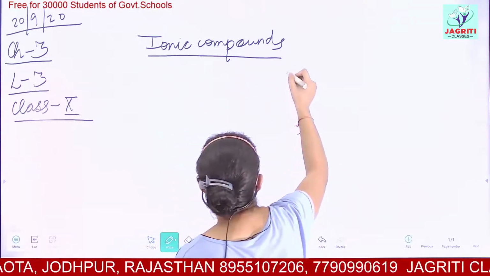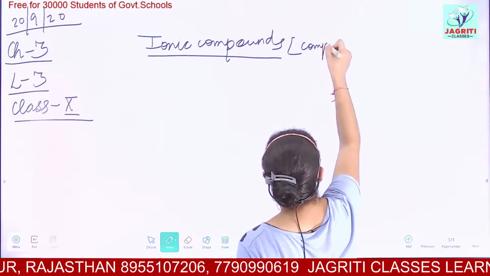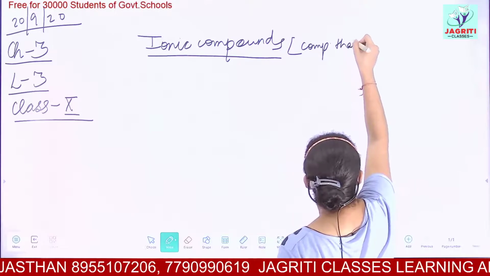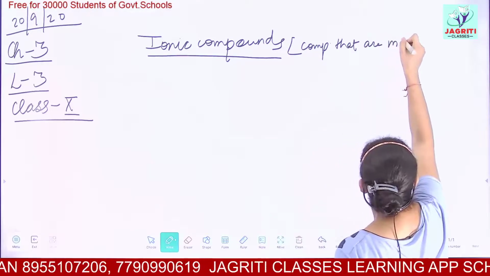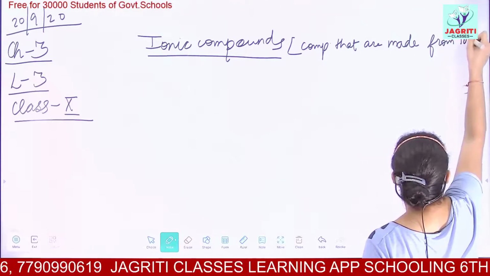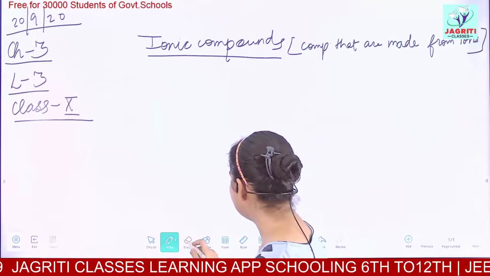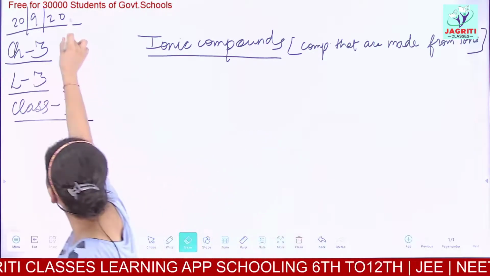So ionic compounds are compounds that are made from ions. Okay?